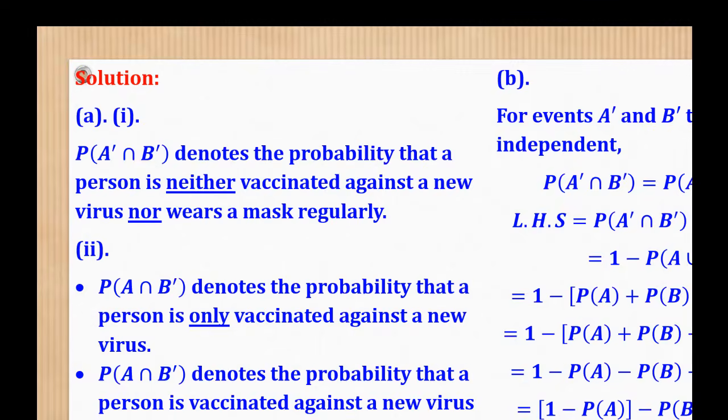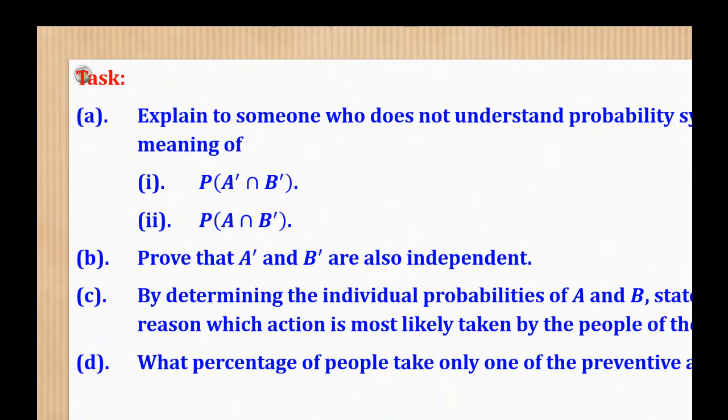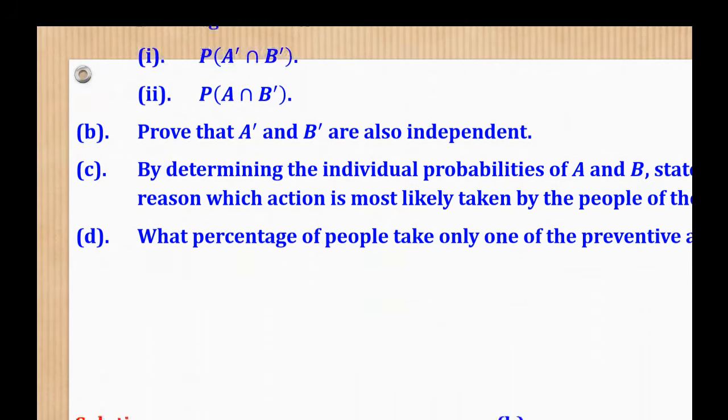Then part C says, by determining the individual probabilities of A and of B, state with a reason which action is most likely taken by the people of the area. So they want you to get probability of A and also probability of B and find out which is greater.